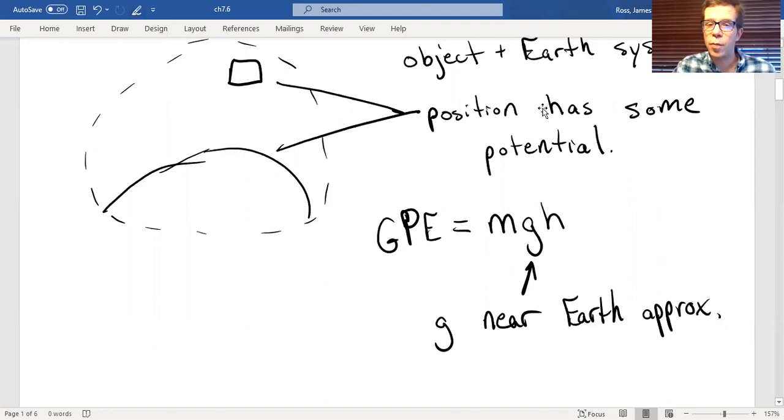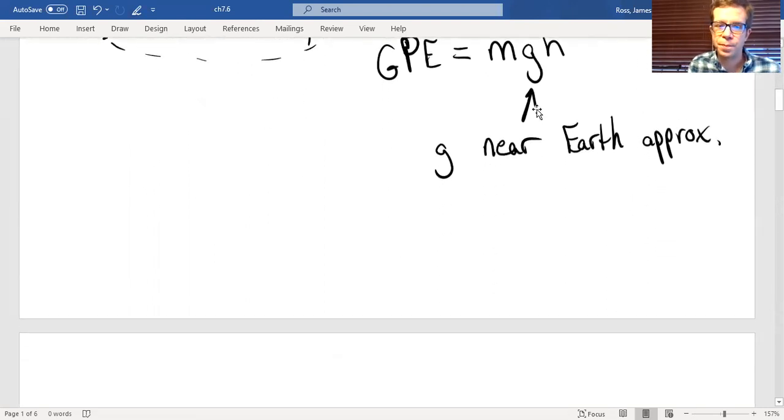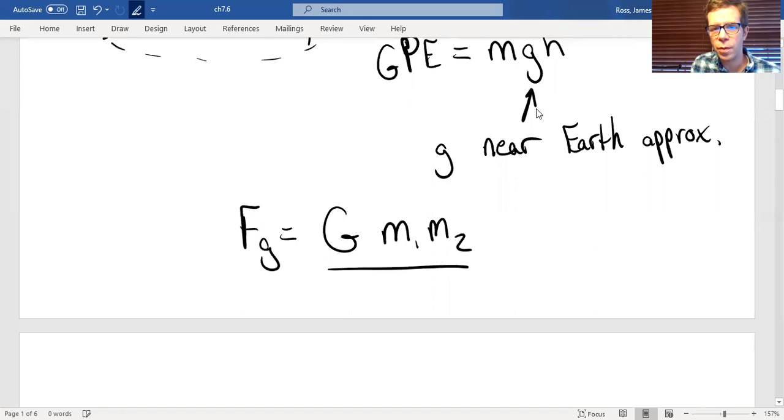If we want to look at it in more general terms, we haven't talked about Newton's law of universal gravitation in a while, but the force of gravity is G m1 m2 over r squared. And you could talk about the work done here as well.